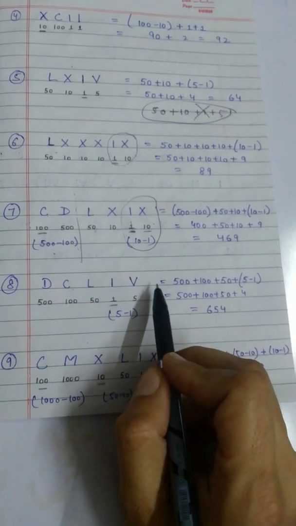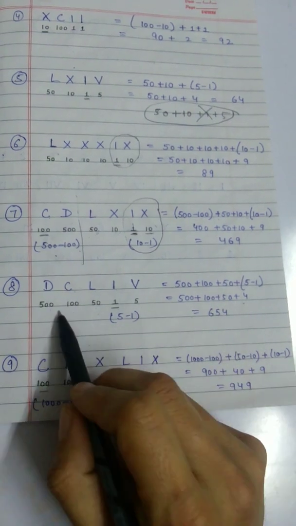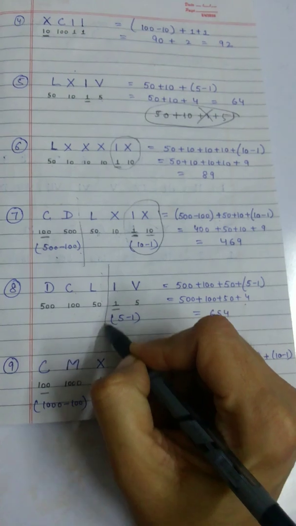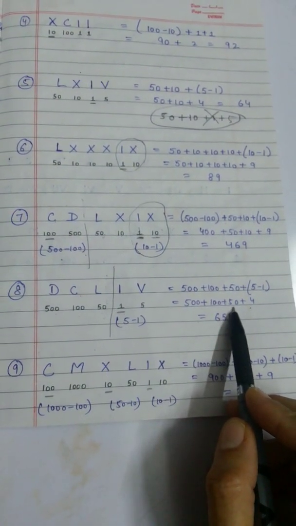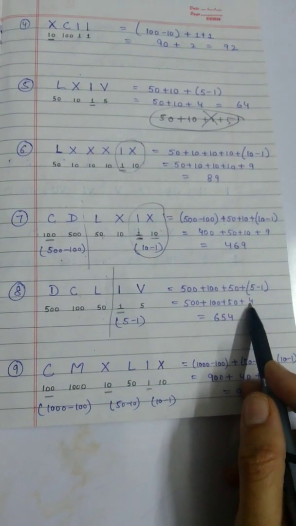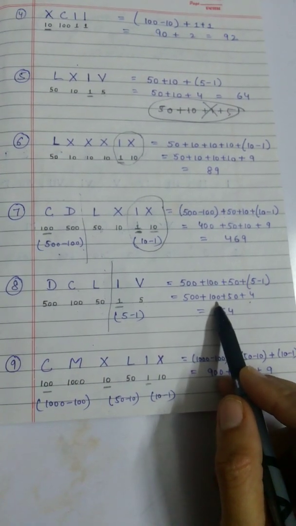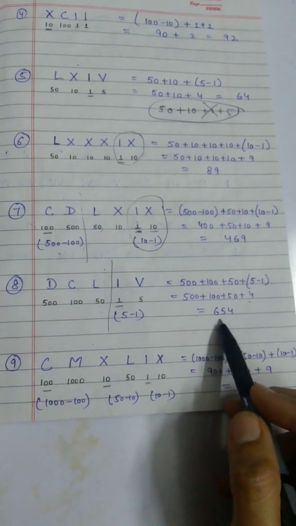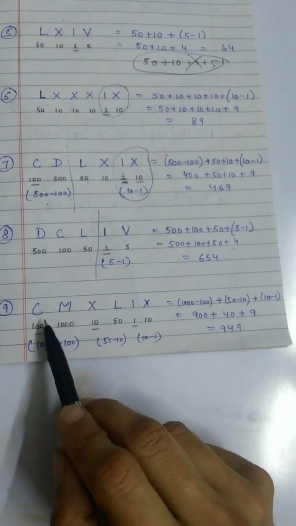That means this side. So 5 minus 1 is 4 and all others will be added till here. So 500 plus 100 plus 50 plus this, which we have found out as 4. So it becomes 500 plus 100 is 600 plus 50, 650 plus 4, 654. Now let's understand with one more example.